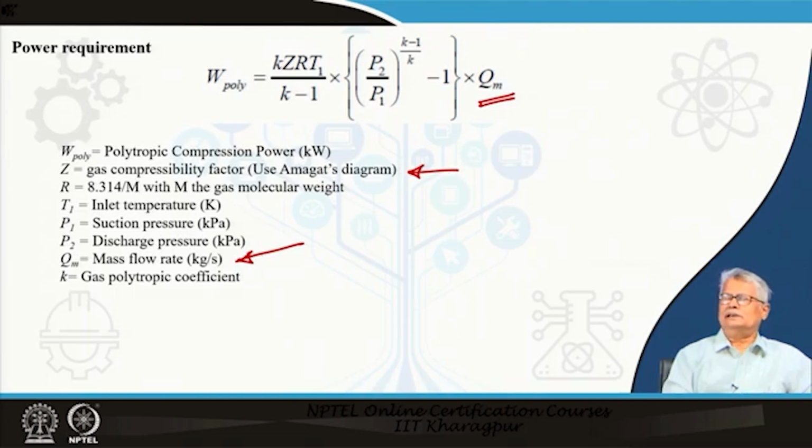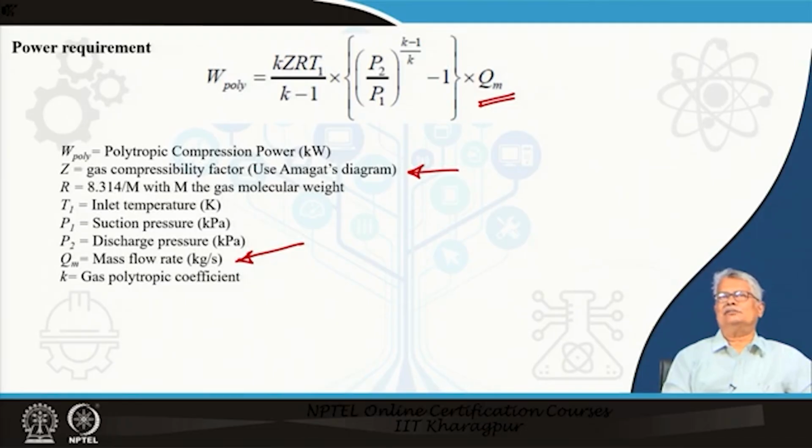There is a generalized compressibility plot which relates the compressibility factor to the temperature and pressure of the gas with respect to the critical condition. If you know the gas, you know its critical temperature and critical pressure. You know the temperature and pressure of the gas, so naturally you can find the reduced temperature as well as the reduced pressure, look at the plot and use the Z, which is the compressibility factor for your operating conditions.